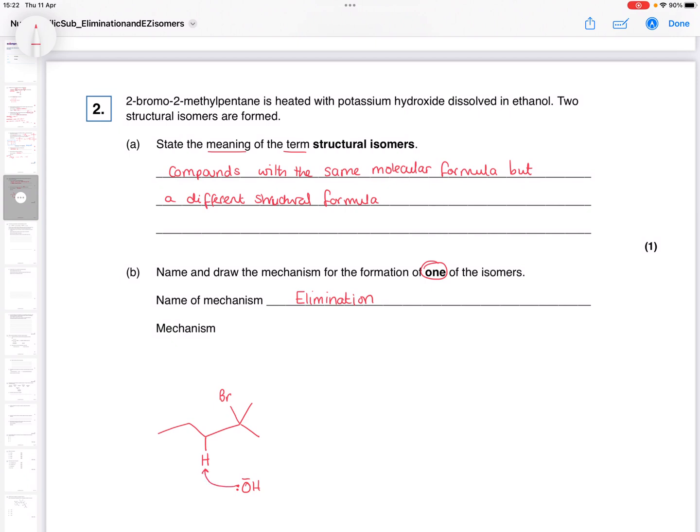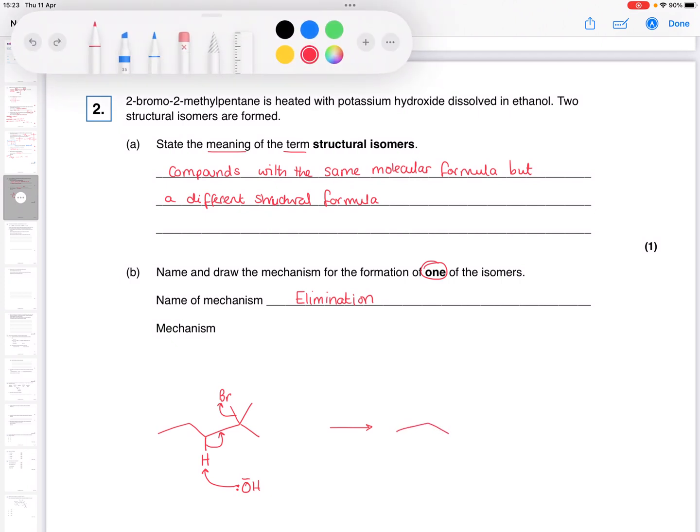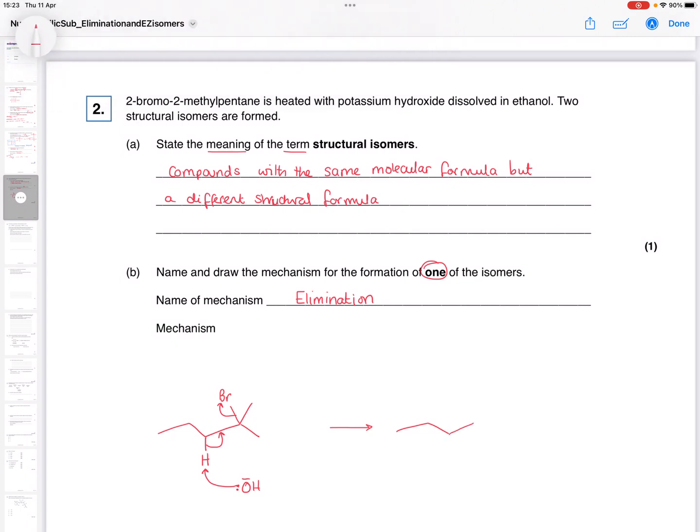First step then is the attack by hydroxide acting as a base, and the formation of the double bond, and finally the bromide ion leaving group. There we have one of our isomers.